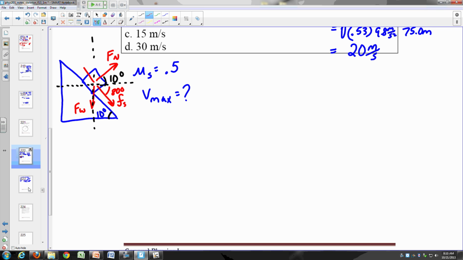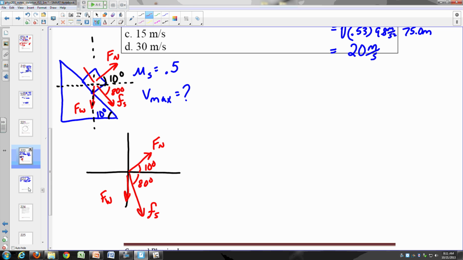All right, so if I redraw this, sort of clean it up a little bit. Here's my axes. I have a normal force that comes off of here at 10 degrees. And then I have my static frictional force here at 80 degrees. And then I have my weight. In this case, what's going to cause my centripetal force?